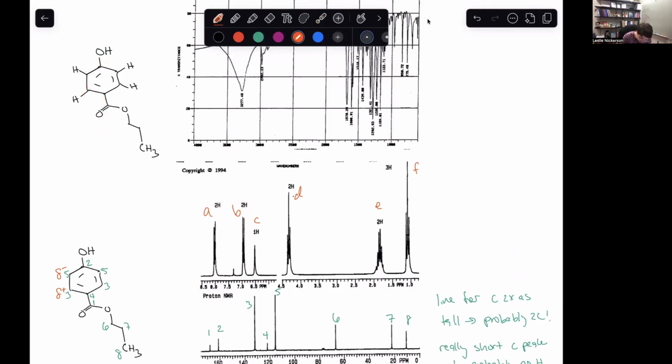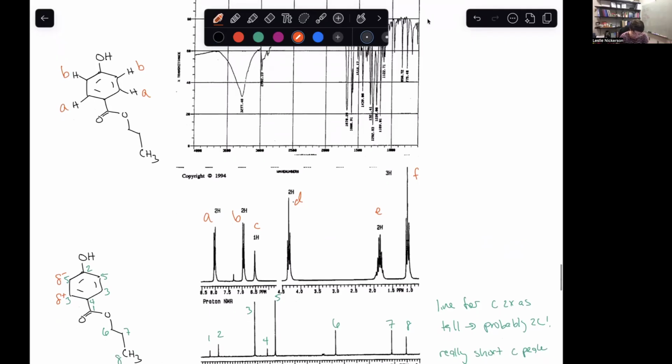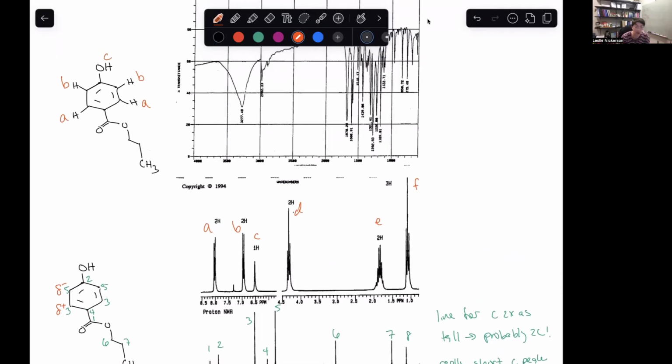So my most upfield is probably going to be B, which is going to be close to my OH. And then A is going to be the other ones, and that's going to be the same on this side. The next one is C, which is my broad singlet. So that's going to be my alcohol.